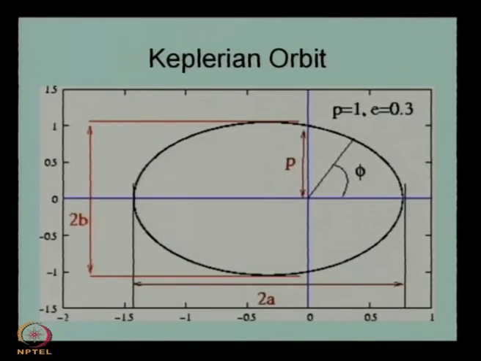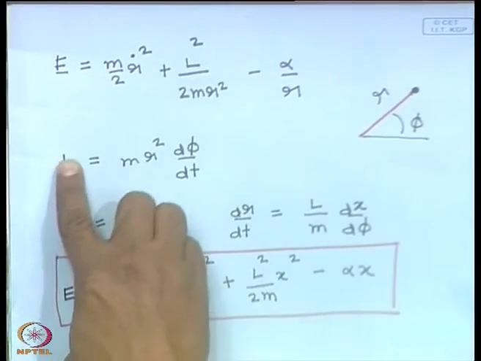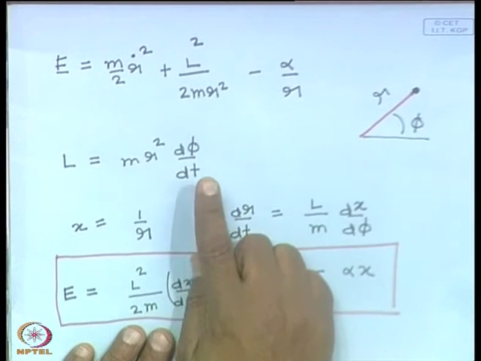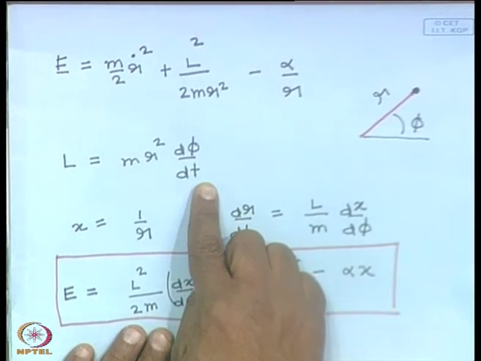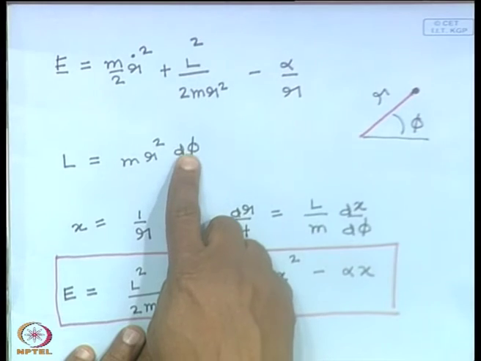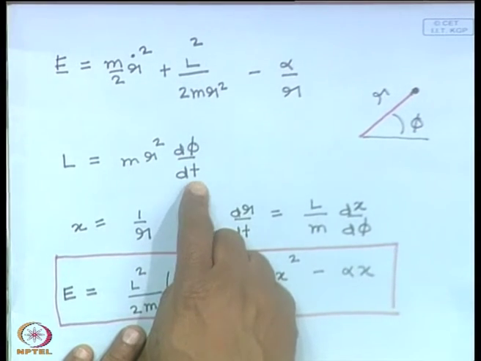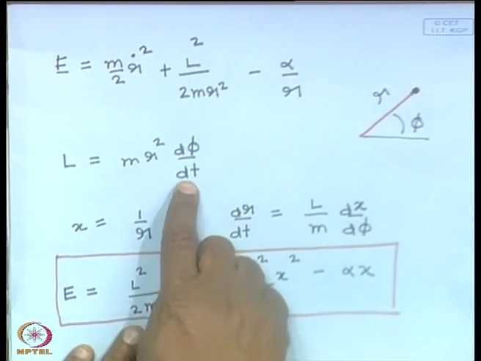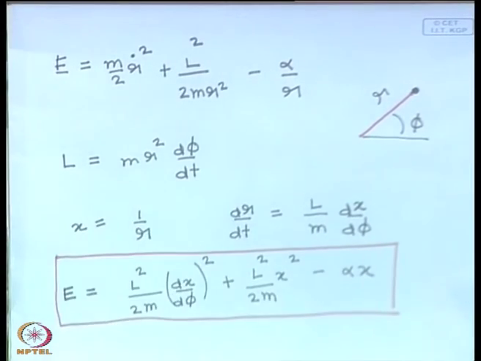Now, if you want to calculate r and phi as functions of time, then one has to use this equation and obtain phi in terms of time, and it involves some integration again.